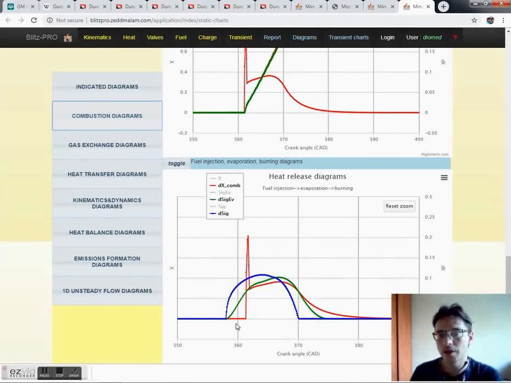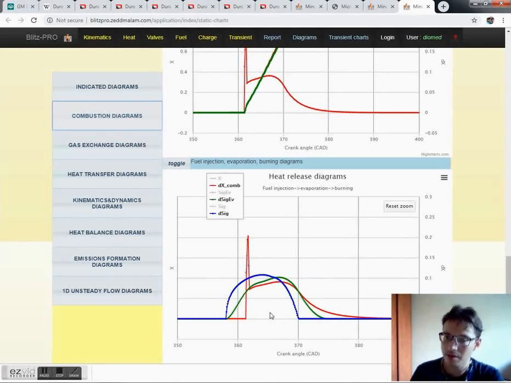And how to avoid this? Well, we can drop the fuel injection pressure, but this is not appropriate because it makes the combustion last longer, and that makes the engine less efficient.